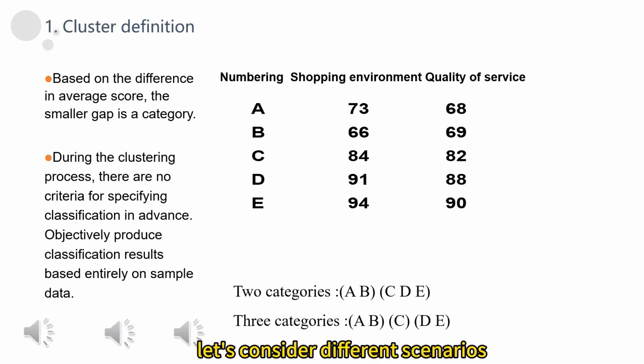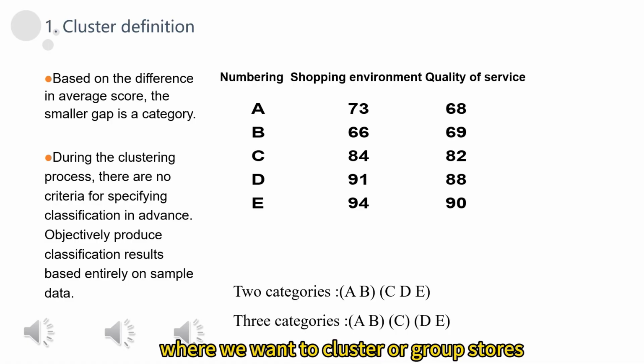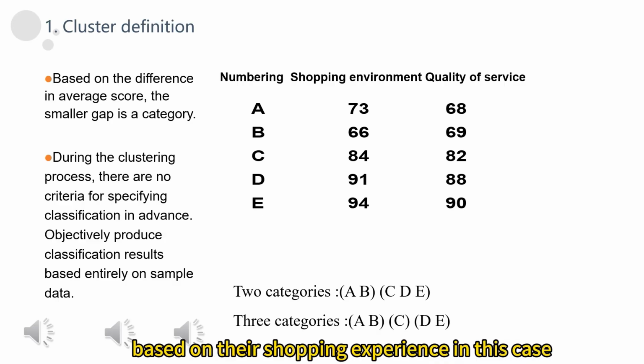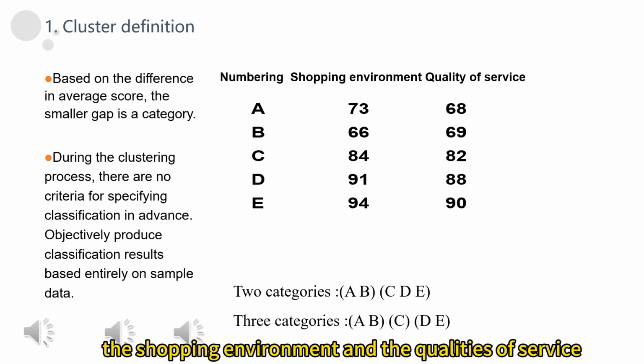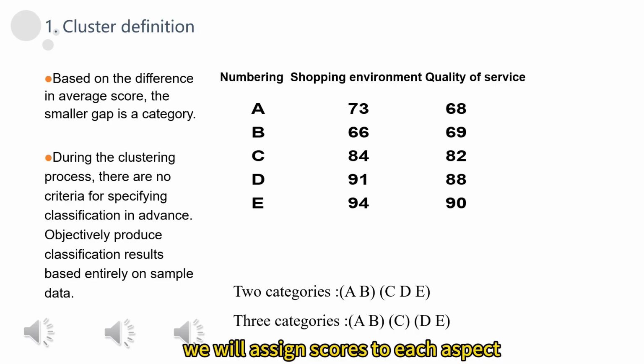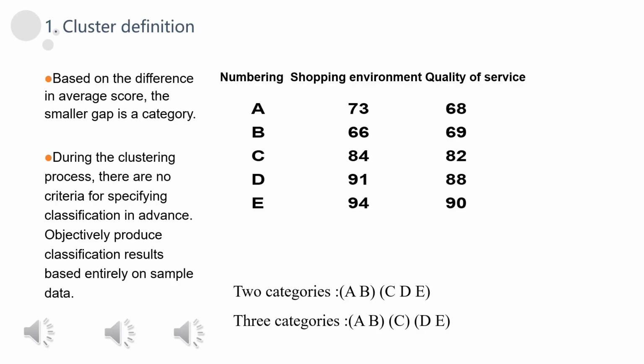Let's consider a different scenario where we want to cluster or group stores based on their shopping experience. In this case, we will assess the score based on 2 aspects: the shopping environment and the quality of service. We will assign scores to each aspect and use them to cluster 5 sample stores.